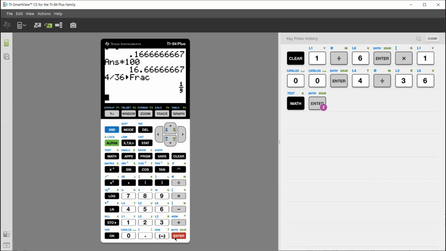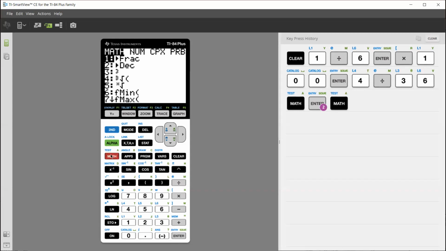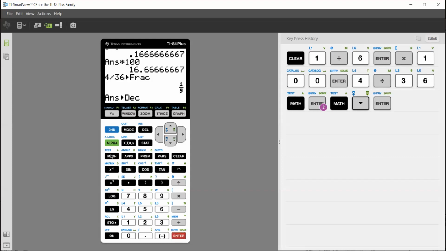I also got 11.1. Okay. And if you want to go to decimal from there, you can go down 1 and convert to decimal. Beautiful. 11.1 is your percent. 0.1111 is your decimal. Good job. Nice.